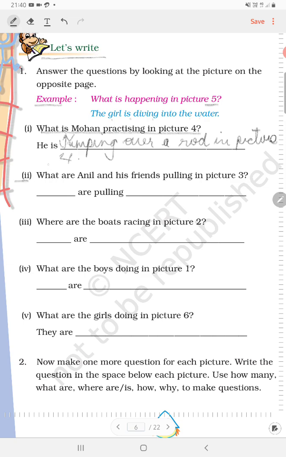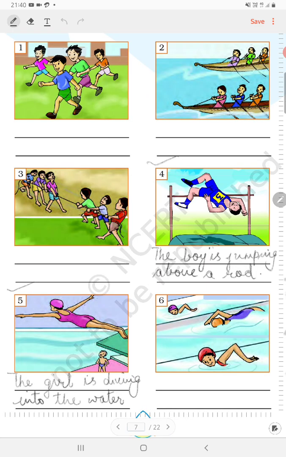Now next one. What are Anil and his friends pulling in picture 3? Anil and his friends. So there are two of them. We can write they. Let's see what is there in picture 3. Here. The question is, what are they doing in picture 3? They are pulling the rope.